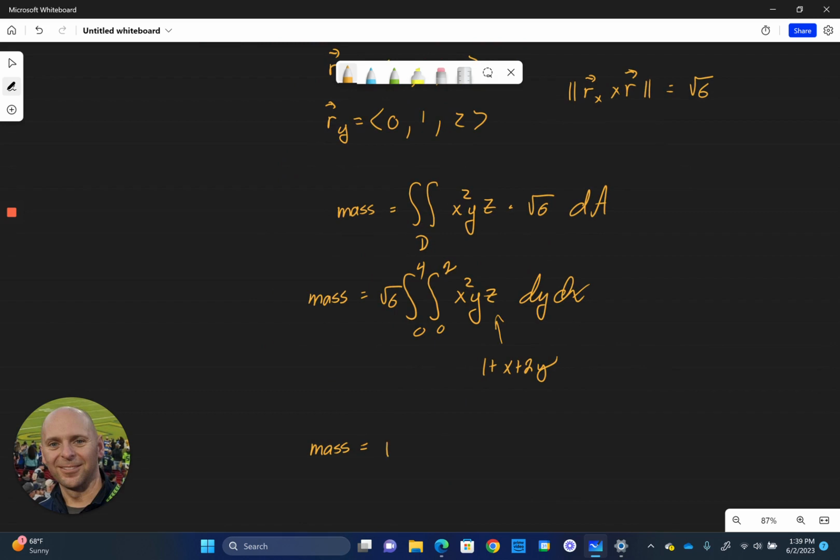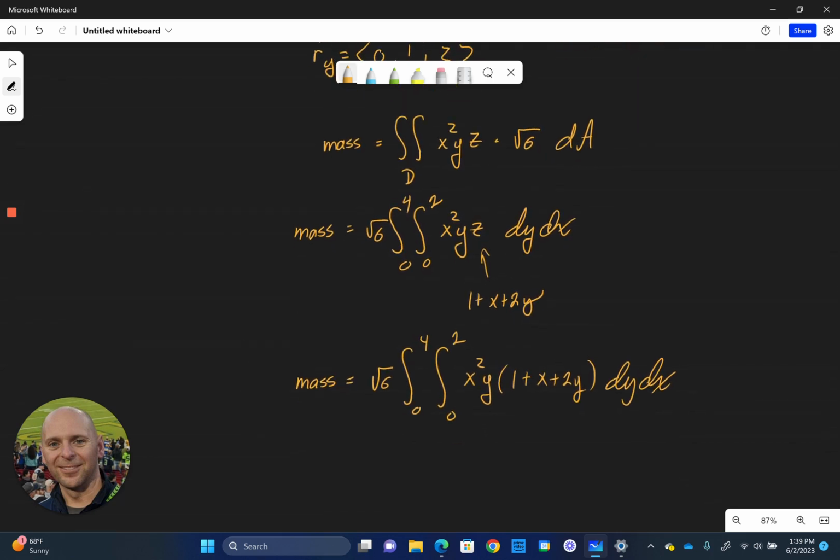And now the mass is going to be equal to root 6, integral 0 to 4, integral 0 to 2 of x squared y times 1 plus x plus 2y dy dx. And as far as integrals go, that's a fairly straightforward problem to solve.